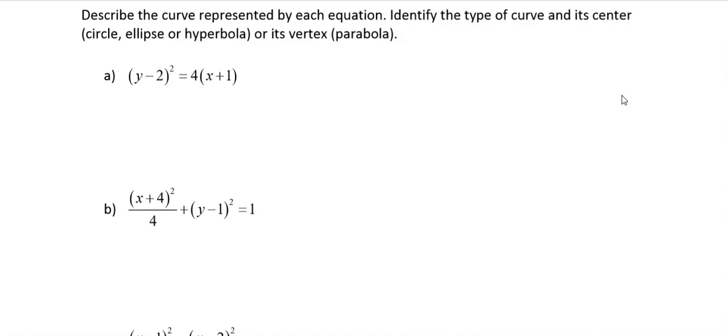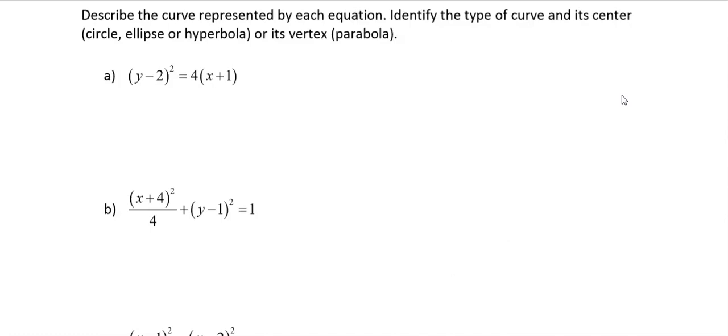And remember the different characteristics that they have. Let's look at A right here. If you're asking yourself what kind of conic section this is, you can see that the y is squared, but the x on the right hand side is not squared. Which of the four conic sections had that characteristic, that only one of the variables was squared?